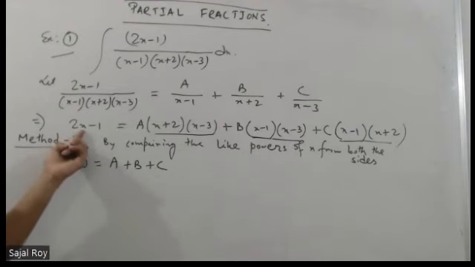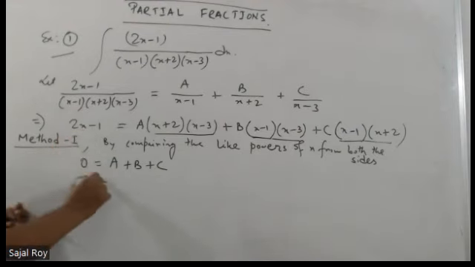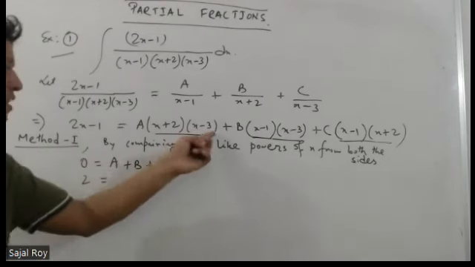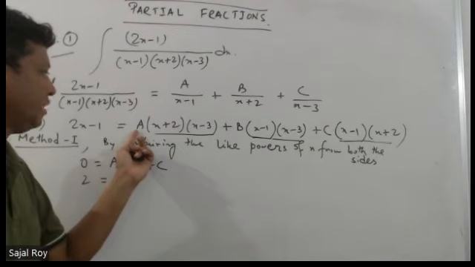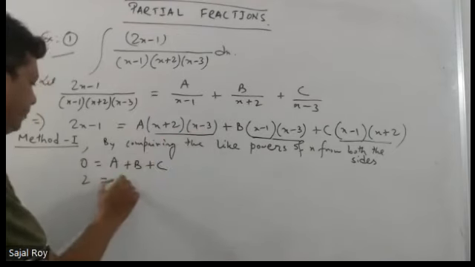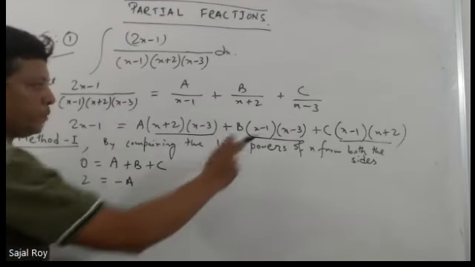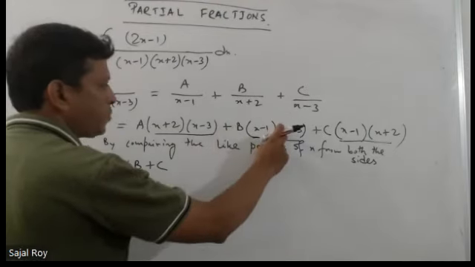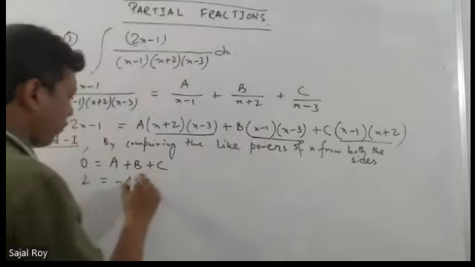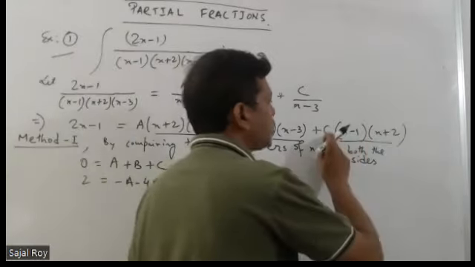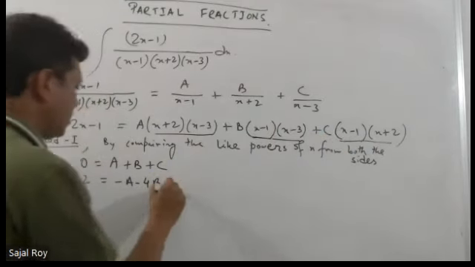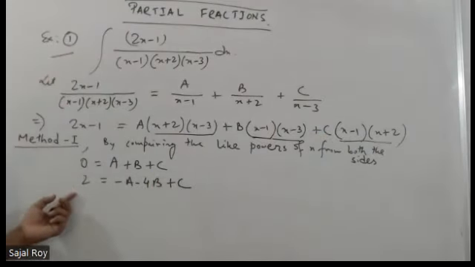Now I will equate the coefficient of x. The coefficient of x is 2 on the left. On the right, what is the coefficient of x? Minus 3A minus 3 plus 2, so minus A, minus 3B minus B, minus 4B, and you have 2C minus C. Am I clear?